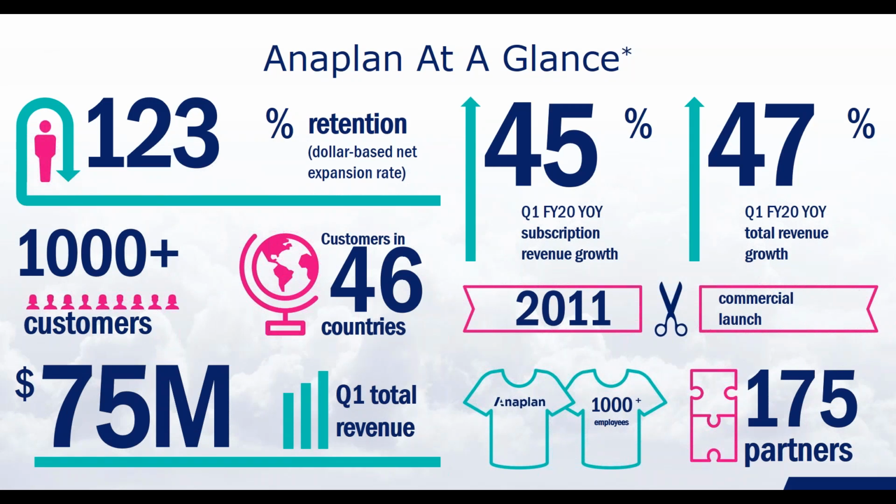So a little bit about Anaplan. I'm not going to spend too much time here being an Anaplan partner, but I do want to help people understand their trajectory. Anaplan's been around for a while, but they really went to market in 2011 and have experienced some tremendous growth since then. So you see a number of numbers here in terms of that growth. They're at over 1,000 customers today. Most of those are household names. You know they're big clients. They've really made a mark in the marketplace across the different use cases.